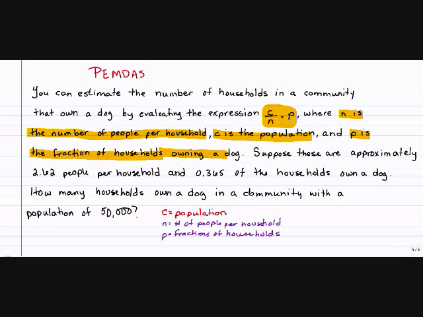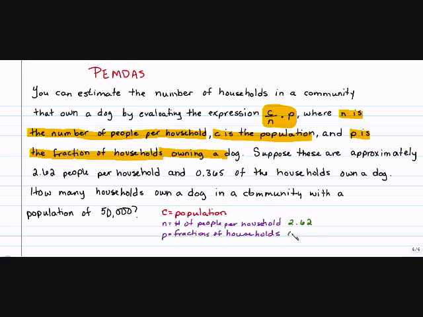Okay, let's go back and see if we can plug in the right information. I'm going to read the rest of the problem. Suppose there are approximately 2.62 people per household. Well, which one is the number of people per household? It's N. So N is going to be 2 and 62 hundredths. And 0.365 of the households own a dog.